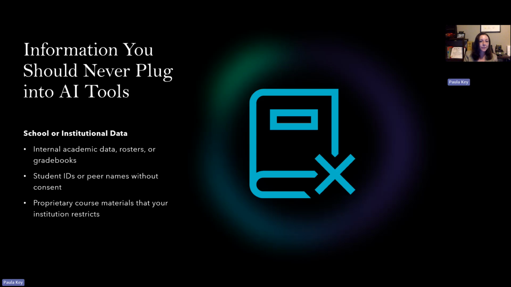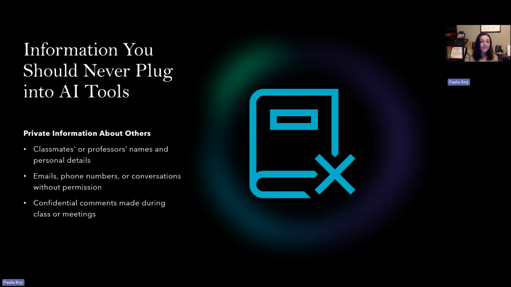And you wouldn't want to plug in internal academic data, rosters, grade books, things like that. So in other words, what you can see about your classmates, definitely. And if you're working on a group project, make sure that you do not plug in your classmates' names or student IDs. You wouldn't want to plug in proprietary course materials that your institution restricts.